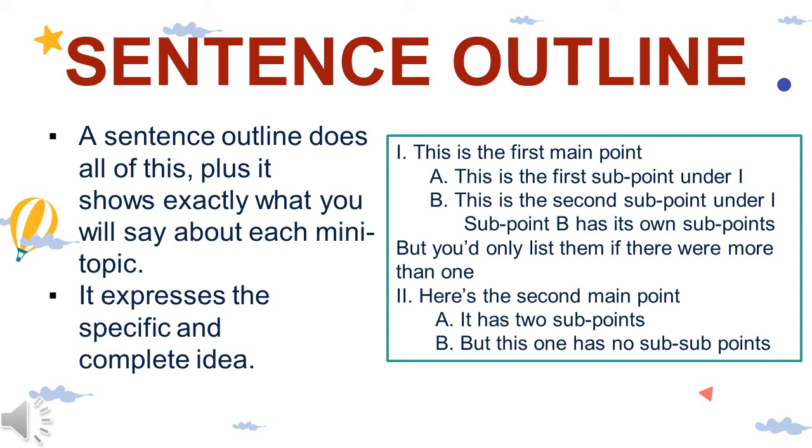Once again, you may use Roman numerals in indicating the main idea, and then letters, either capital or small letters, to indicate the sub-ideas or subtopics. And make sure that the details that you're going to list down are directly related with your main idea.